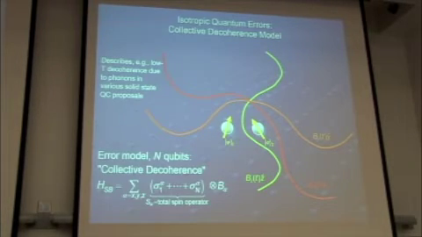Okay, so formally, the error model is described by a system-bath Hamiltonian that has collective error operators acting on the system. Once again, there's no B alpha J, there's just a single B alpha. Alpha is X, Y, or Z, depending on which direction the error is. And each B alpha is coupled to a collective spin operator, a total spin operator. Okay. So that's at the level of Hamiltonians.